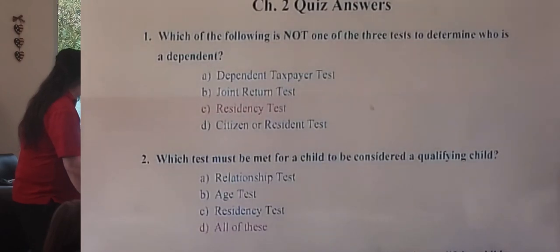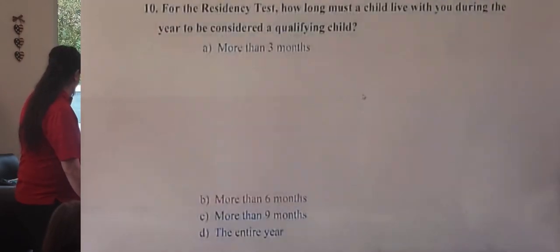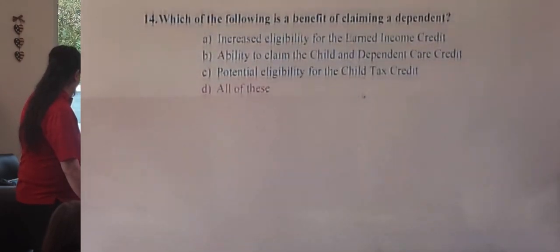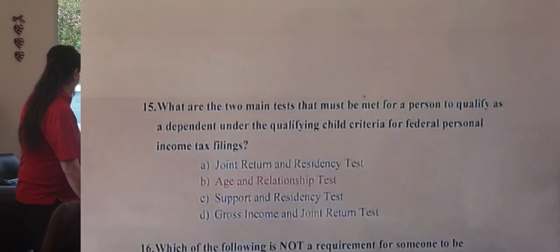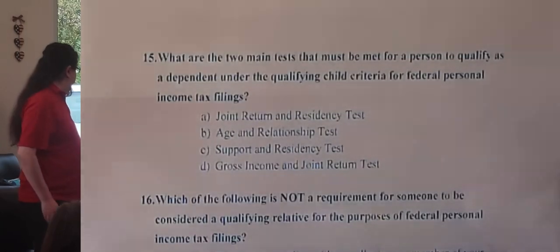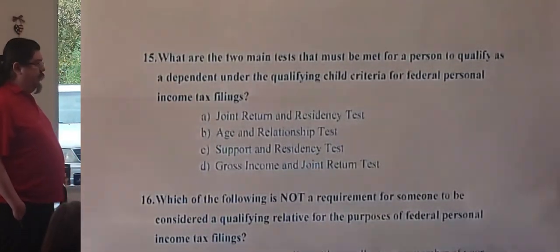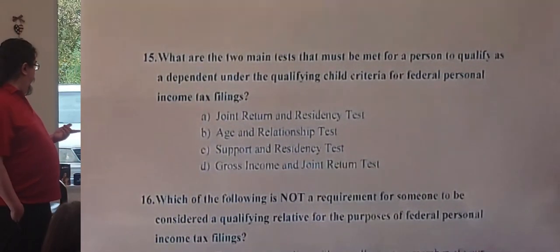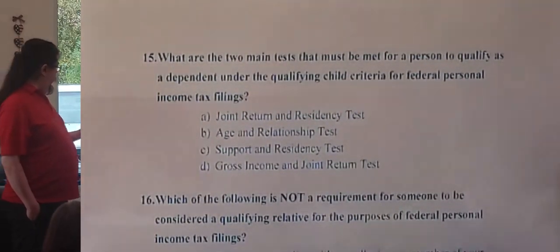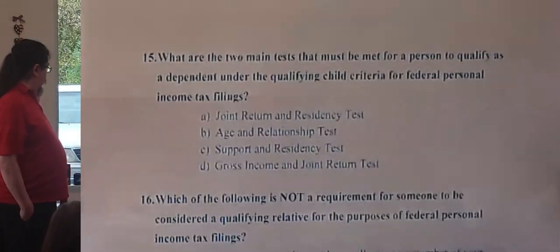Let's see what they have to say for themselves. Age and relationship is what they picked, but again, that's silly. I think all 3, A, B, and C, are correct because the 5 tests are joint return, age, relationship, residency, and support. So A is correct, B is correct, C is correct.